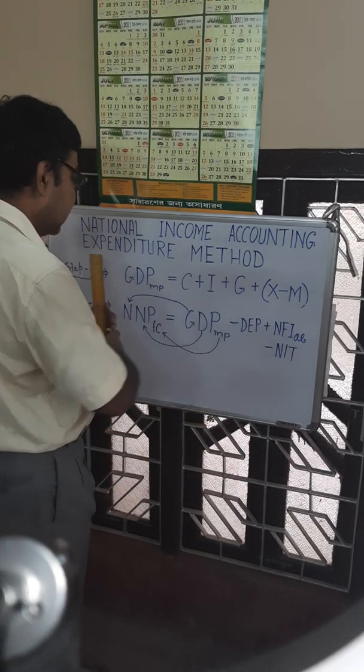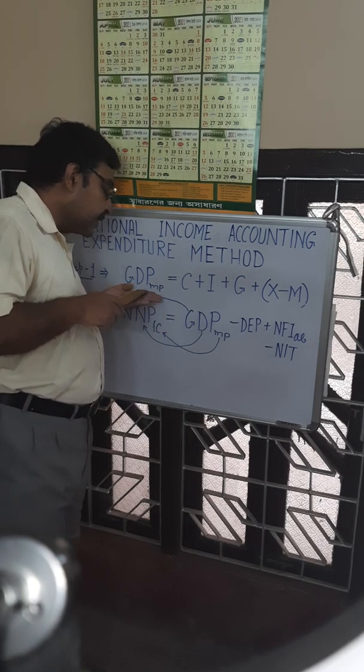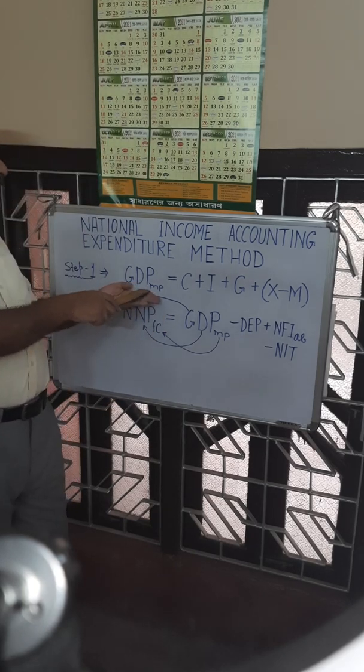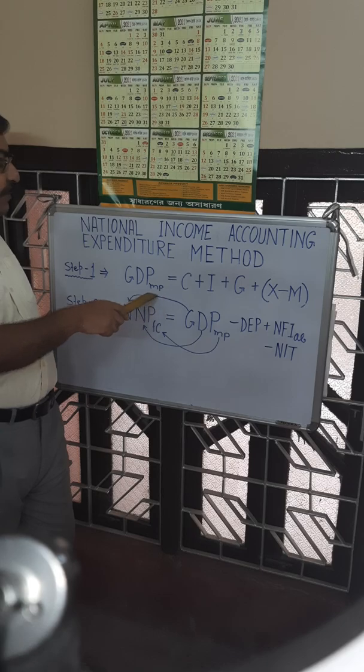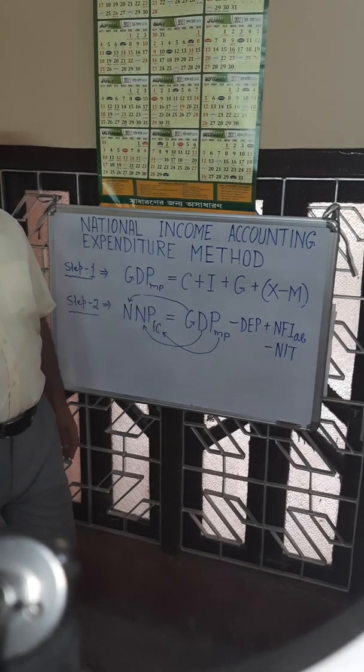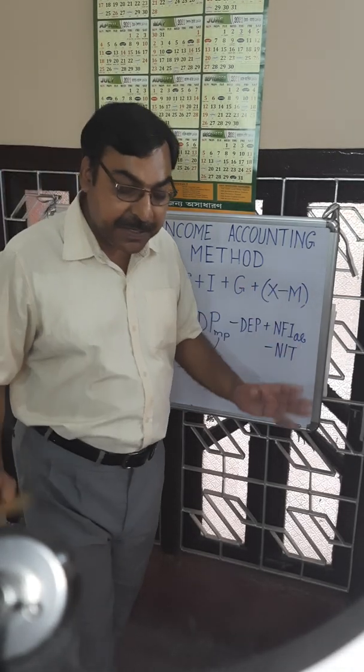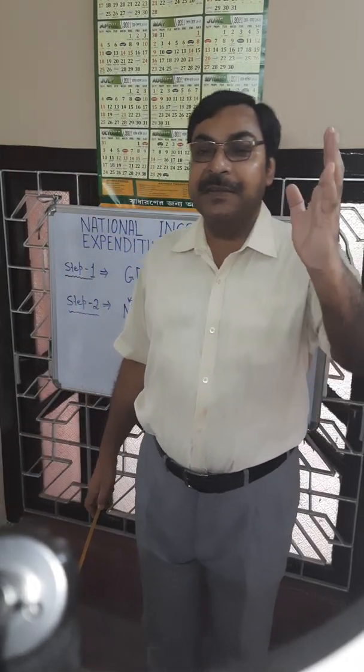Add them all, you will get this very important aggregate, GDP at market price, gross domestic product at market price. So in the expenditure method, always you will estimate gross domestic product at market price in the first step.